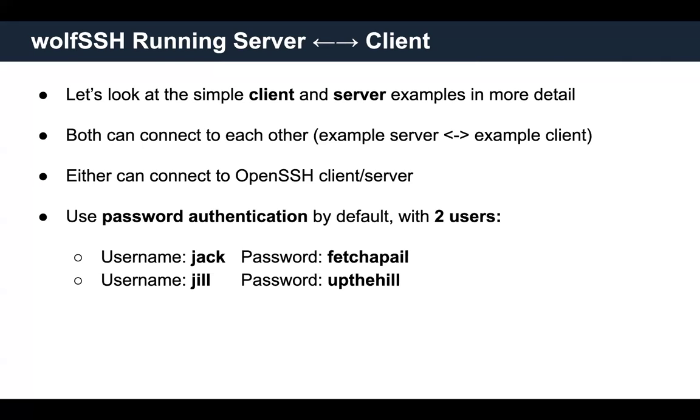The password is fetch a pail for Jack and up the hill for Jill. By default, the examples aren't going to go out to the system. So if you have a user registered on the system, in my case Jack, it wouldn't be able to authenticate that. It's just a very simple authentication mechanism put into the example echo server and example client.